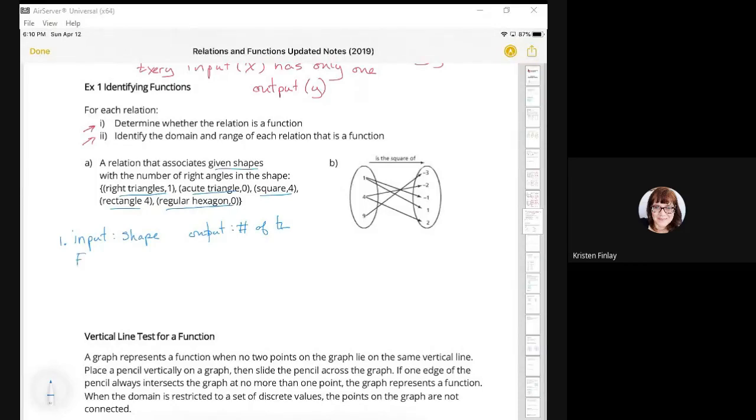So if it is a function, I have to do 2, which is telling me the domain and range. Well, the domain would be my input, which is the shapes. So I have my right triangle, my acute triangle, I have my square, I have my rectangle, and I have my hexagon.